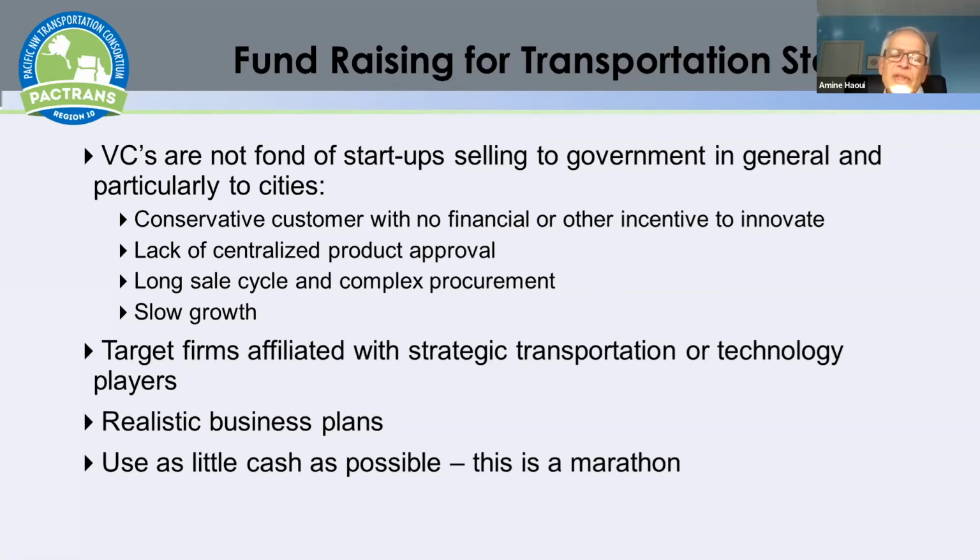And my most important advice is to use as little cash as possible, especially initially, because it takes quite a long time to get these companies off the ground. Once they're off the ground, I think you can start spending money at a faster clip, because you will know what you are doing and what you can expect in terms of revenue growth.